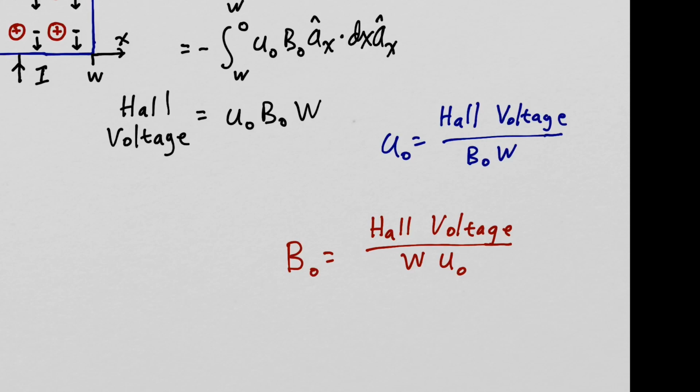Then from a measurement of the Hall voltage, we can determine the magnetic flux density field. So a Hall sensor is a device for measuring the magnetic flux density field, but it's also a device for sensing magnetic fields. So for instance, covers on devices like Kindles and iPads know when you're closing and opening them because there's a magnet in the cover and a Hall sensor on the other side.